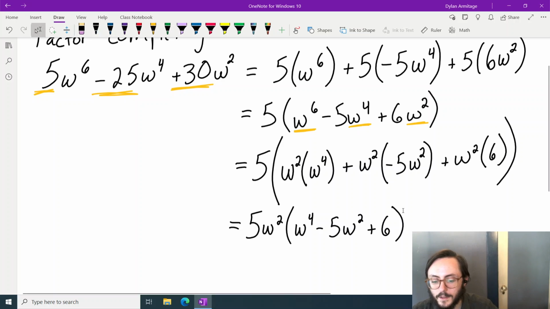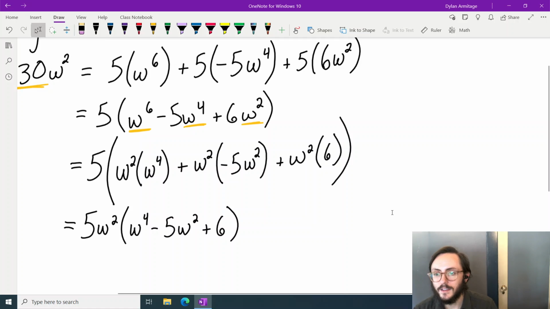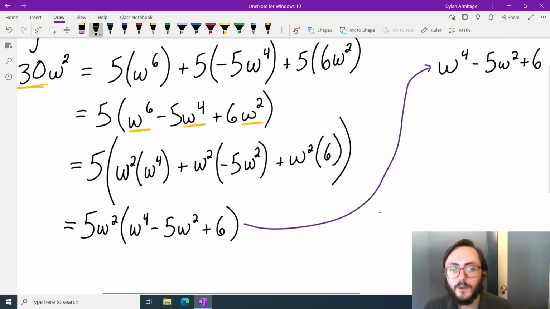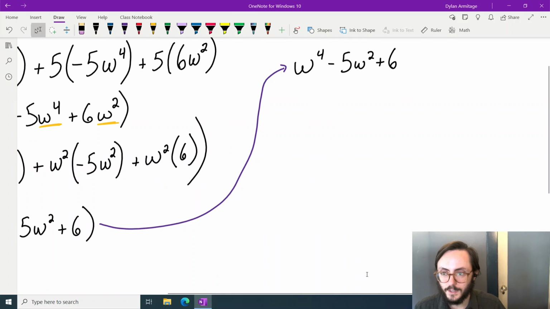So look at this here. I'm going to take this over here, this w to the 4th minus 5w squared plus 6. And we are going to factor it using what we already know.